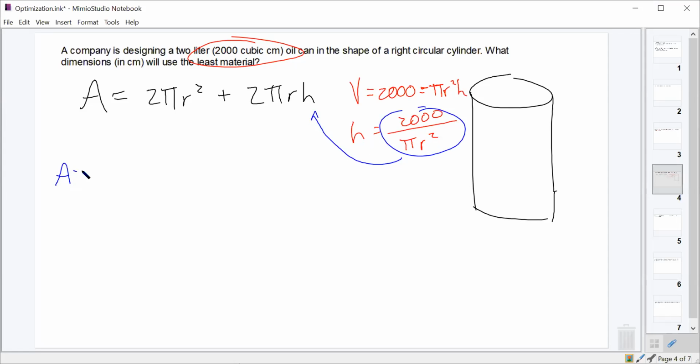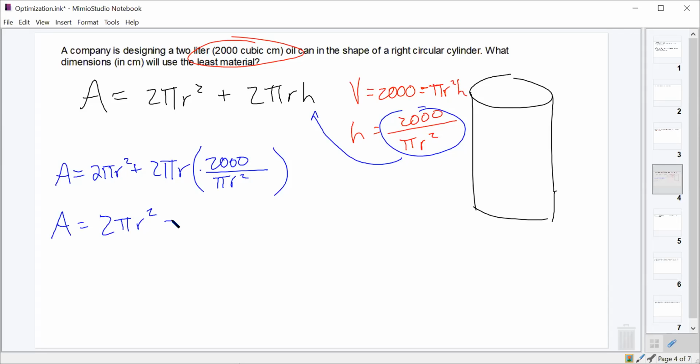So our area is 2 pi r squared plus 2 pi r times 2,000 over pi r squared. And simplifying that out a bit should give us plus 4,000. The pi's will cancel, and r over r squared is over r, or r to the negative 1.